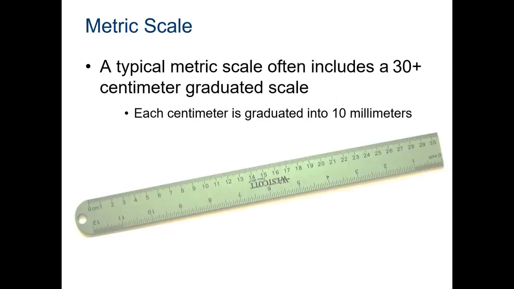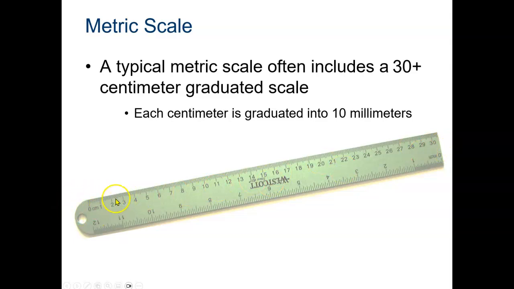So here we have a metric scaled ruler. It's a typical metric scale. It includes the 30 plus centimeter graduated scale. And we should already know this. We should know that 1 centimeter is equal to 10 millimeters. Most of the rulers in our class will have the metric scale on one side.